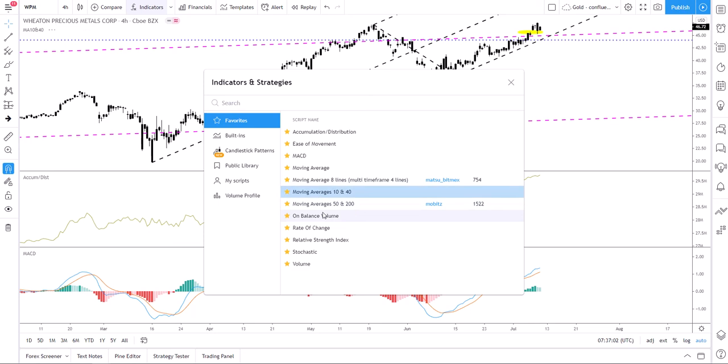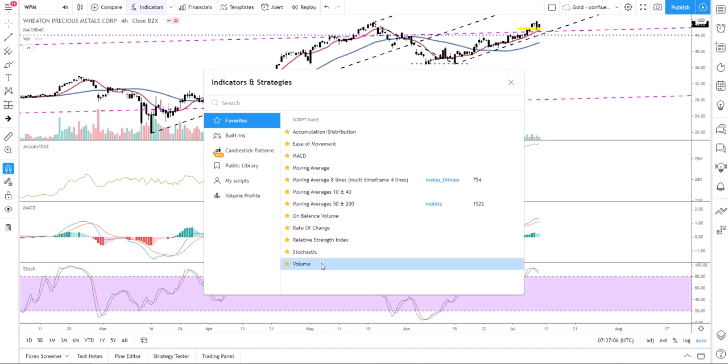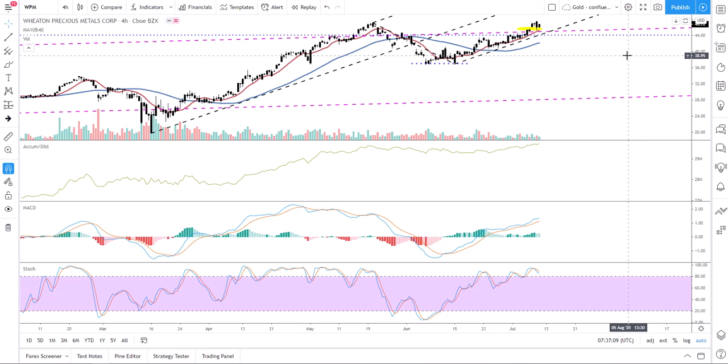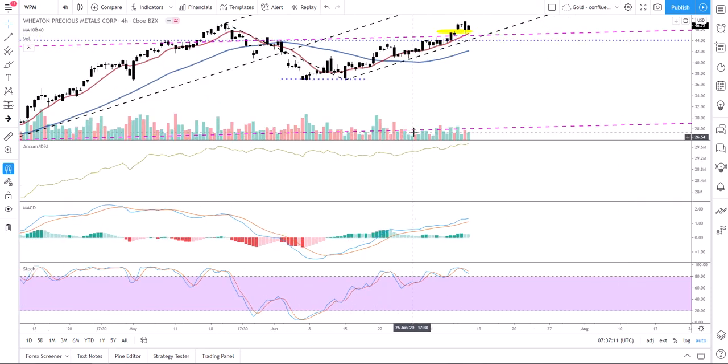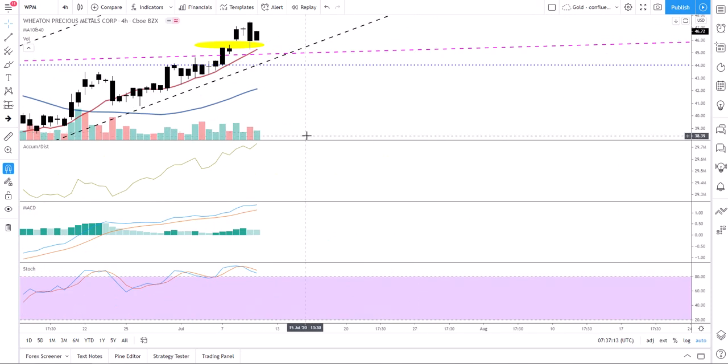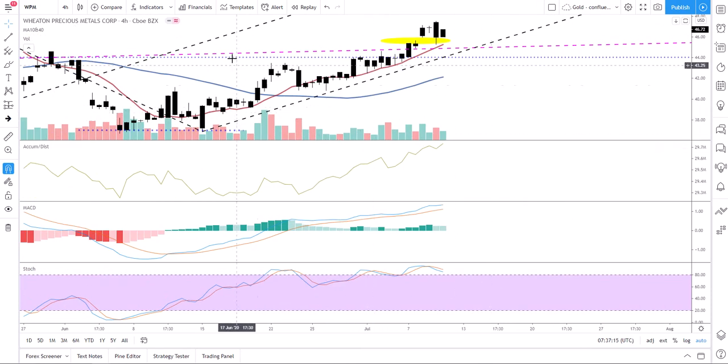We'll take a look at that just because. Stochastics and volume. Nothing special about volume one way or the other. Let's get that off the chart. And there it is.